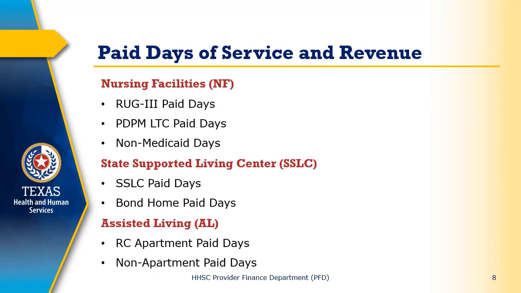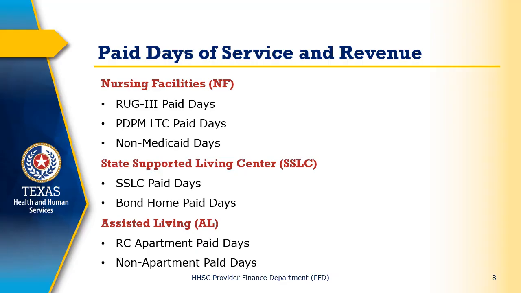Days of service and revenue information are pre-populated for nursing facilities, state-supported living centers, and assisted living. Section 6 of the NF Cost Report will collect RUG-III paid days, PDPM paid days, non-Medicaid days, and revenue for each of these categories.